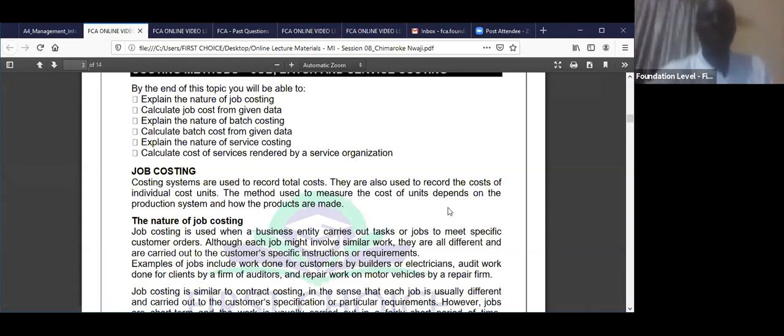The customer is asking for a special job to be done for him or her. And we said that each job is a unit. So you are not doing several units for the customer. You are just doing one job representing all the things that the customer will require from you.